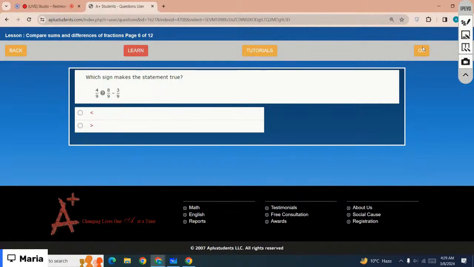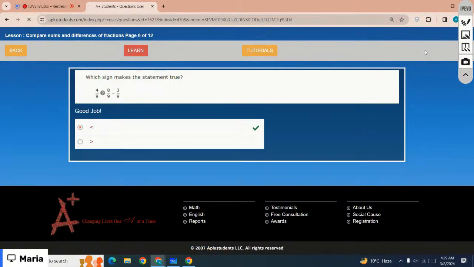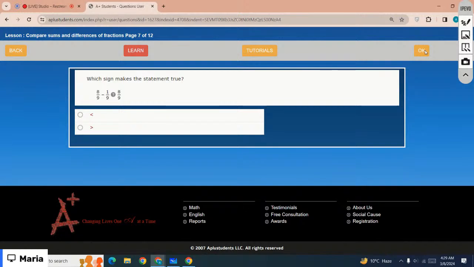Yes, 8 minus 3 is 5, right? So 4 over 9 is less than 5 over 9. Very good. The correct option is less it is. The next one is 8 over 9 minus 1 over 9. You have to compare it to 8 over 9. So which is the correct option?